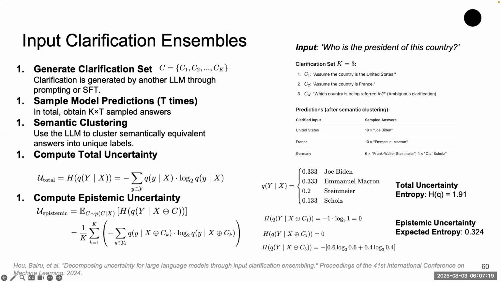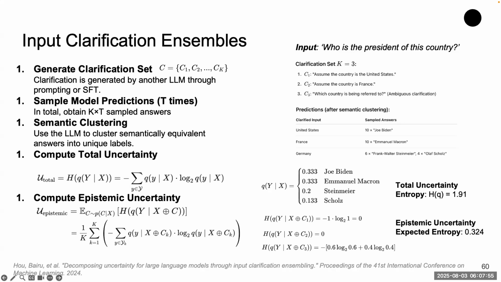Then they concatenate the input with each clarification and feed that into the language model to sample new predictions. In total, if you sample t times and you have k clarification texts for each input, then you will have k times t final sampled output answers.